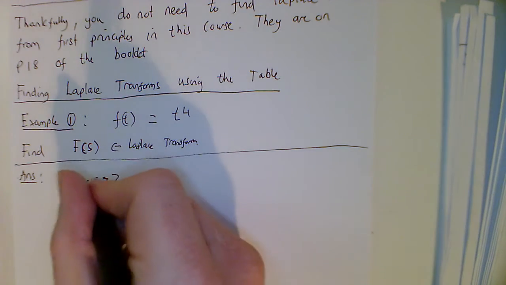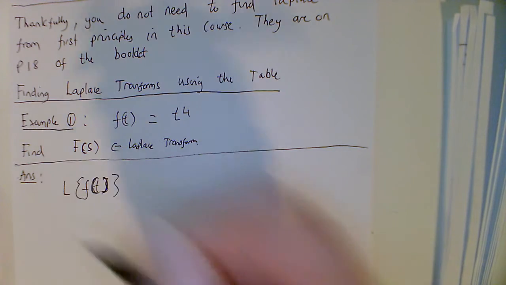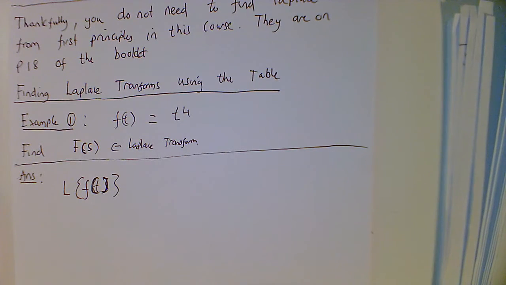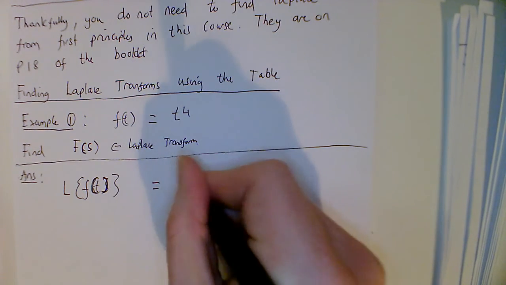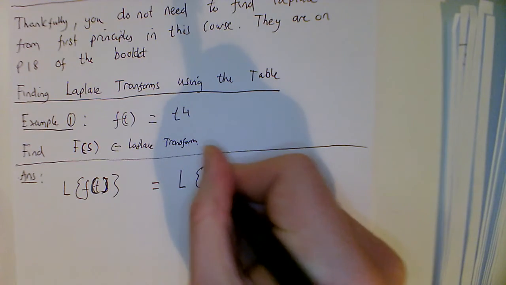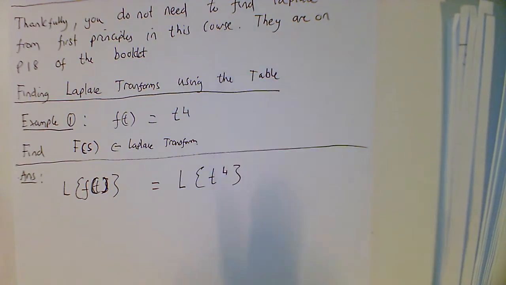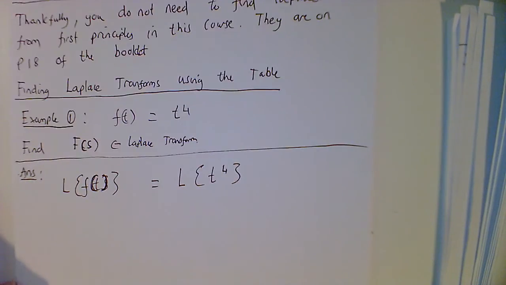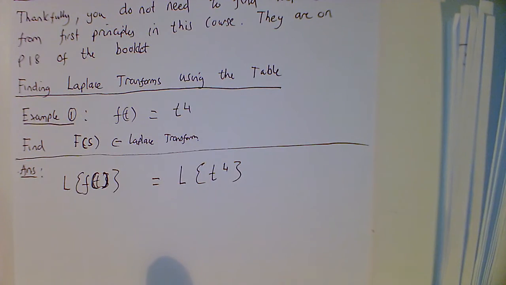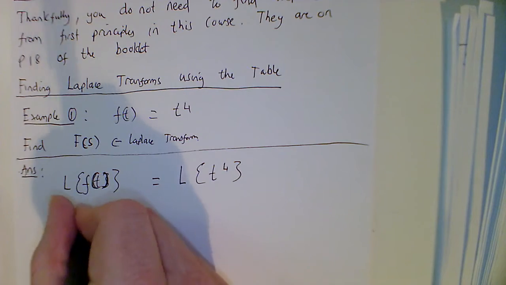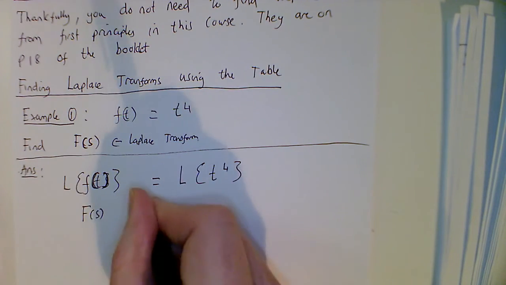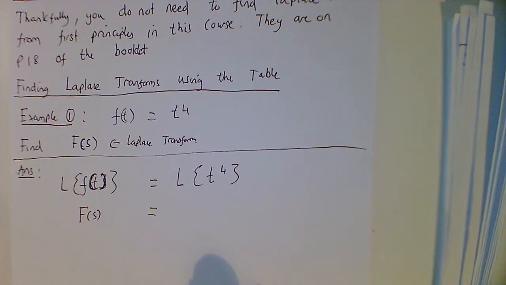So the internal bracket should be normal brackets, and the bracket that the Laplace transform is on should be curly brackets. I'm not going to take marks off if you don't do that. So that's the Laplace transform of t to the power of 4. That's what I need to do. So the Laplace transform of f of t gives me capital F of s, which is what we're looking for. It's just terminology.